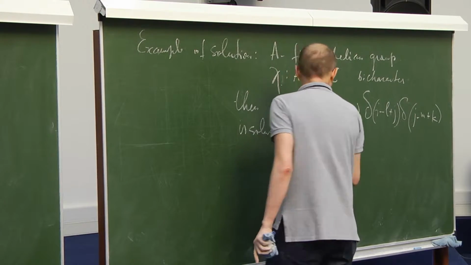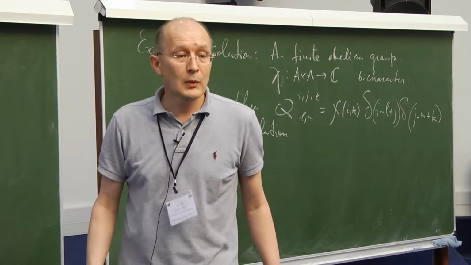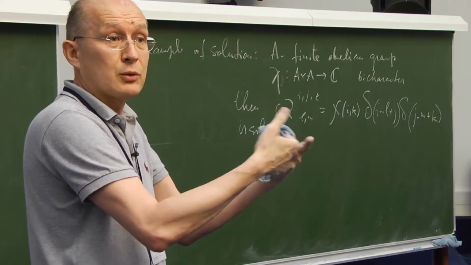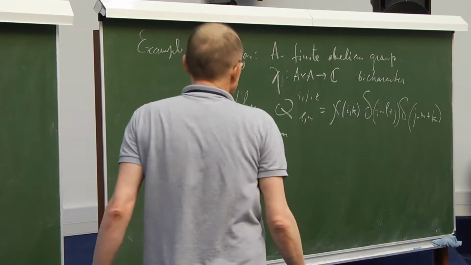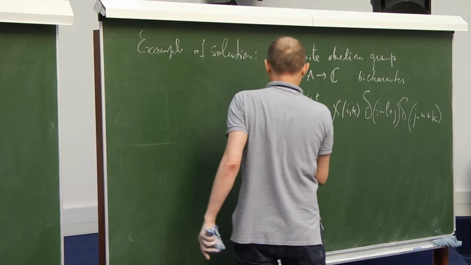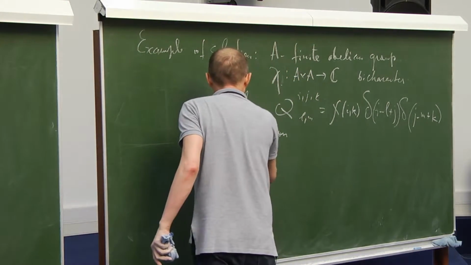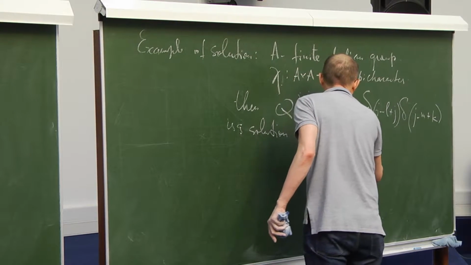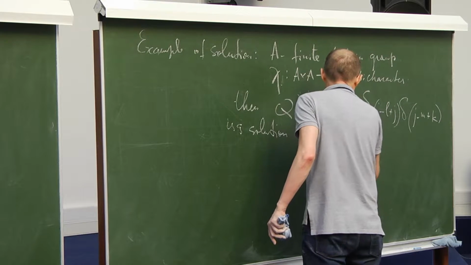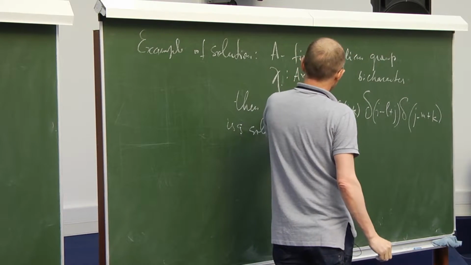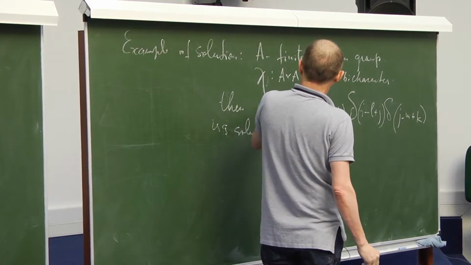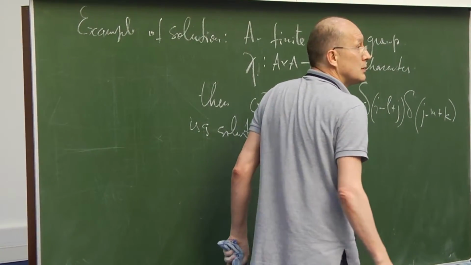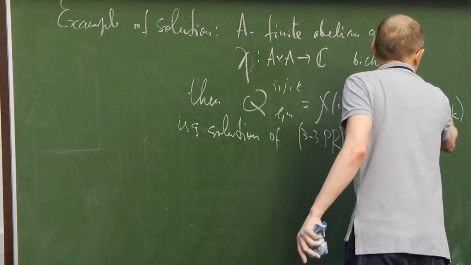By character, you mean just a couple of characters? No, by character, which means that it is multiplicative with respect to both arguments. It is a solution of the 3-3 Pachner relations. And instead of n, I'm enumerating my set of indices by group elements, so all these are group elements.